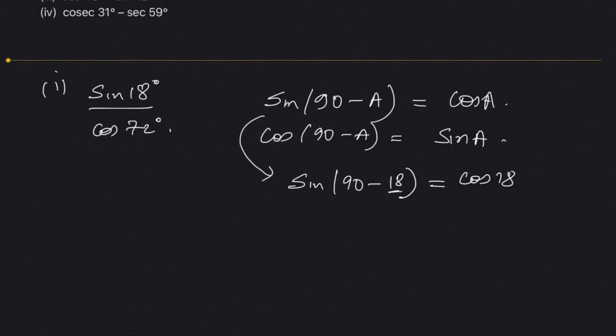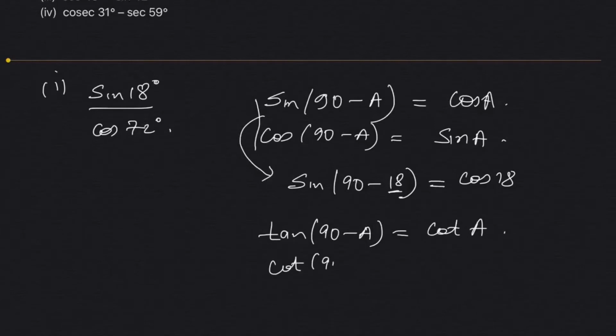So this is one, and the other one is similarly tan (90 minus A) equals cot A, and cot (90 minus A) equals tan A, just the reverse.